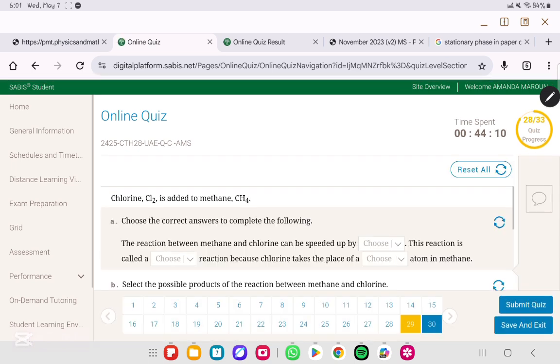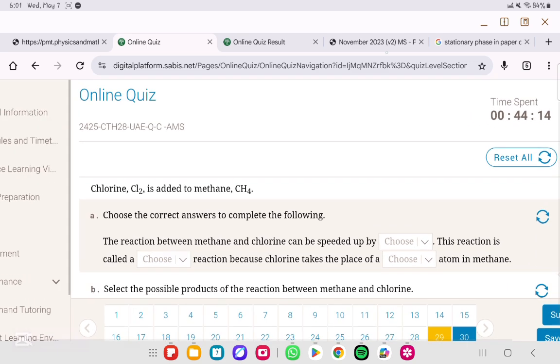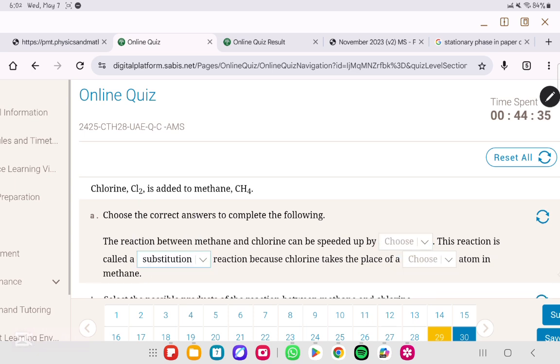We move on to question 29, part A, the reaction between methane. What is methane? Methane is an alkane. Whenever you're adding Cl2, or anything, to an alkane, it will undergo a process called substitution reaction. How do you speed up the substitution reaction? You place UV light, this is the catalyst.